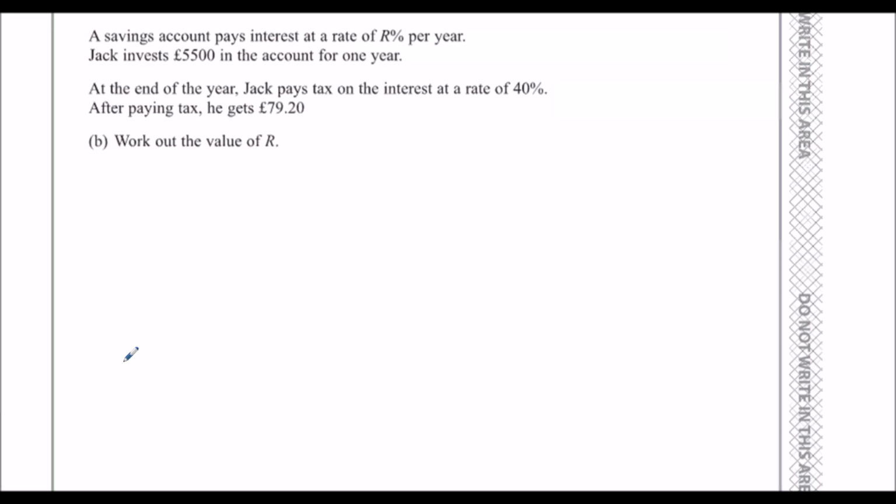Work out the value of R. Okay, so we've got £79.20, and that's how much money he's got, but he's already paid tax at 40%. So this is 60% of the interest.